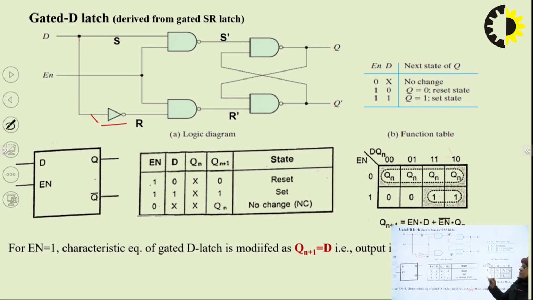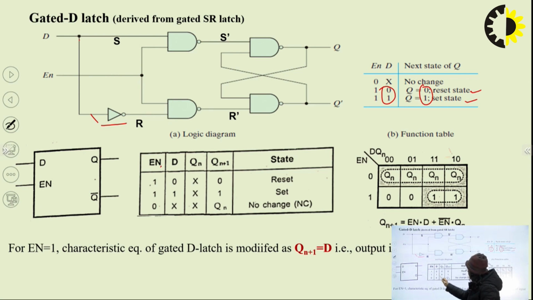Once D equals 0, that is S 0 and R 1, output is reset, that is Q equals 0. And when D equals 1, S equals 1, R equals 0, output is set, so Q equals 1. So what you give as input D is reflected in the output irrespective of previous state.